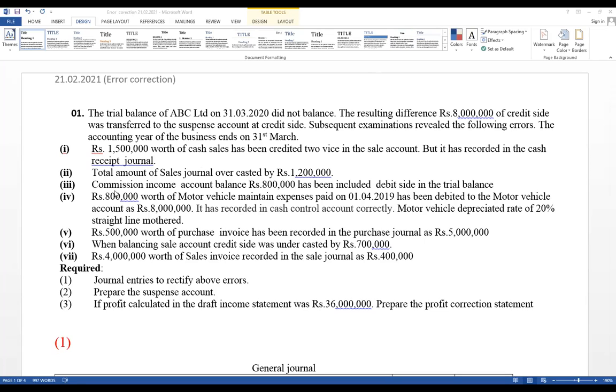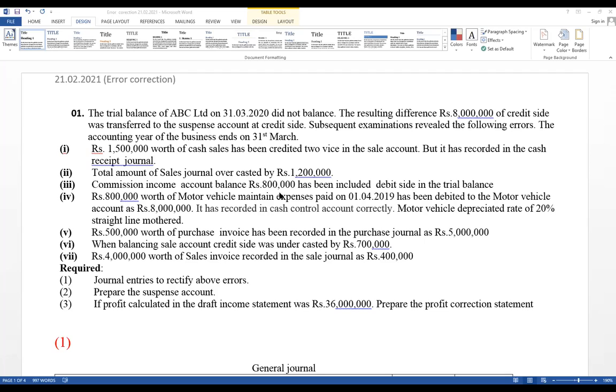Right, first write the double entry. The commission income account balance has been included on the debit side of the trial balance. Normally income should be recorded on the credit side, but it has already been recorded on the debit side. The wrong debit must be removed and it must also go to the credit side. Therefore 1600 should be recorded.